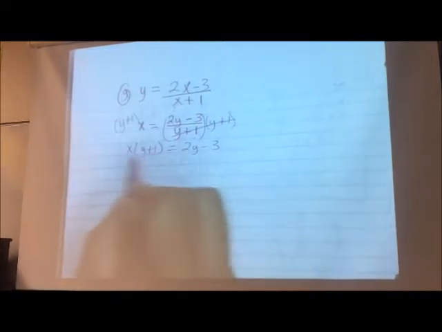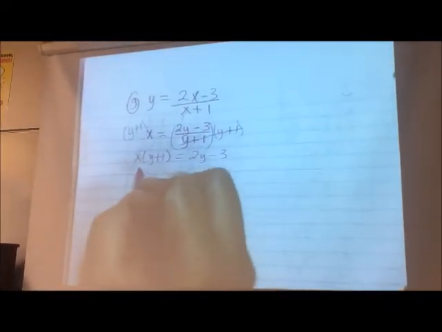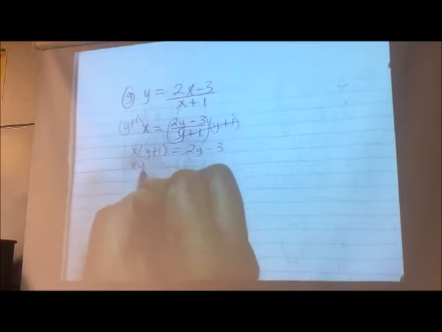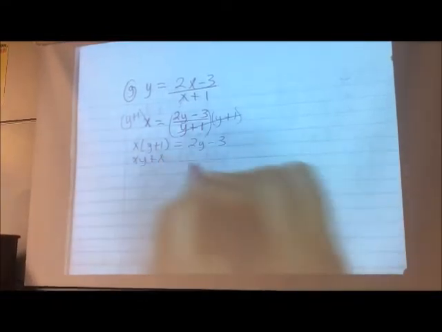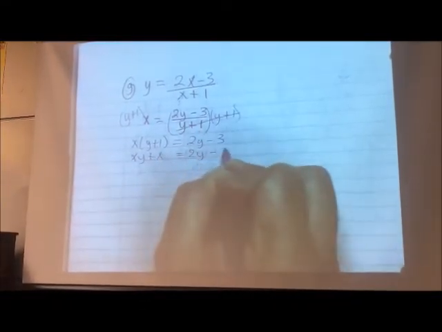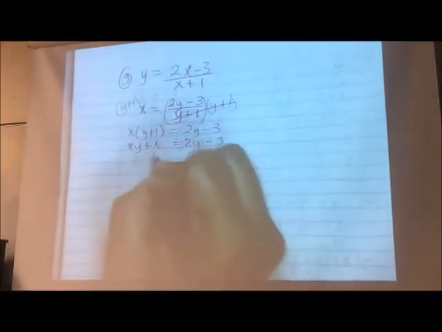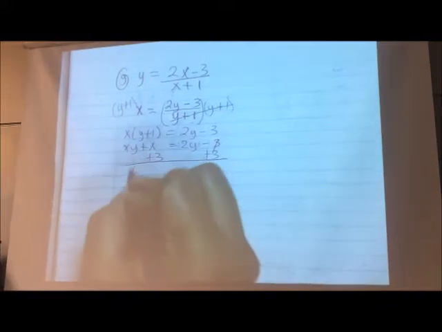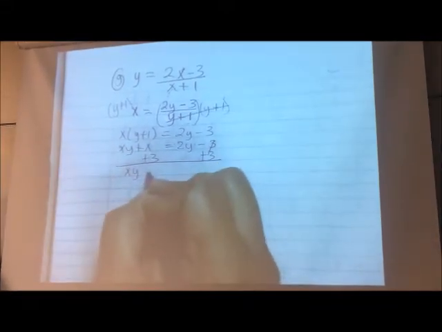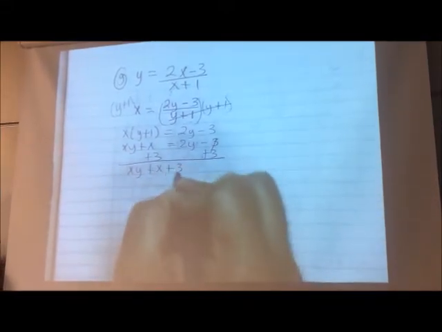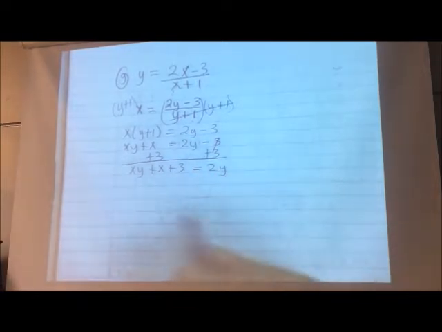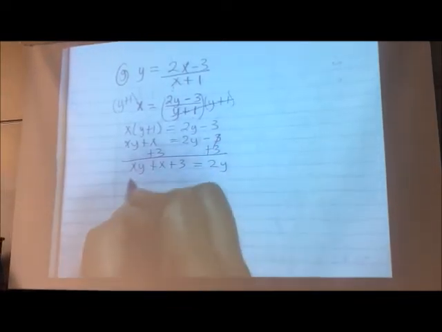For these problems, I do have to distribute. So this becomes xy plus x, right? And who would you move first? Add 3, so it's going to be the same steps. xy plus x plus 3 equals 2y. But who should go to the other side?